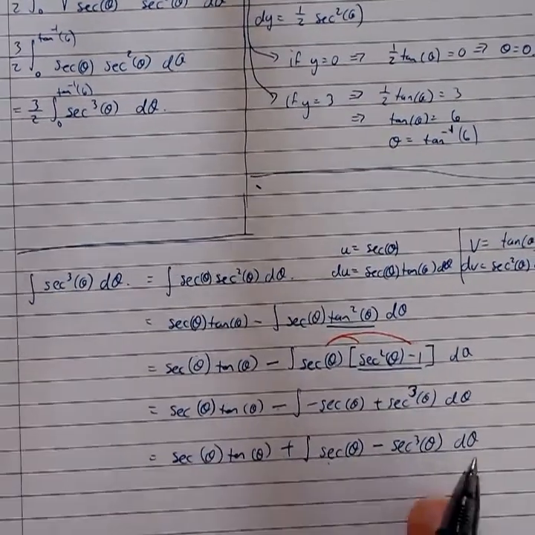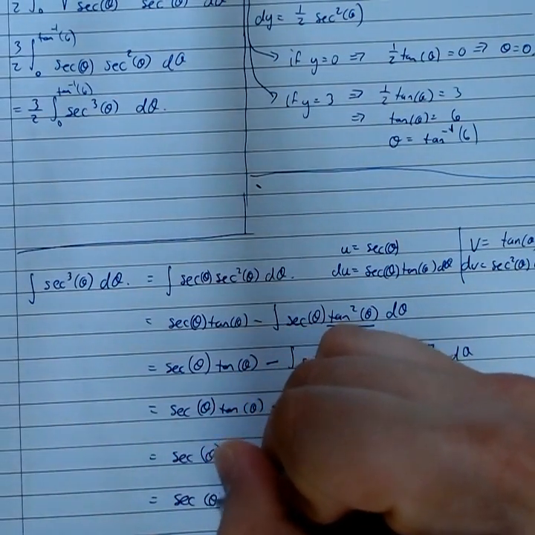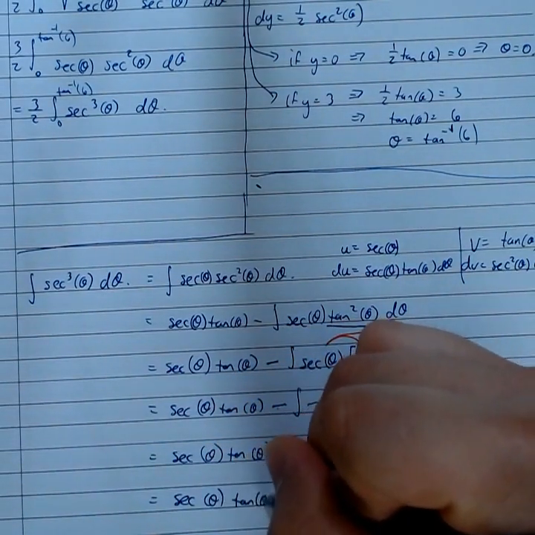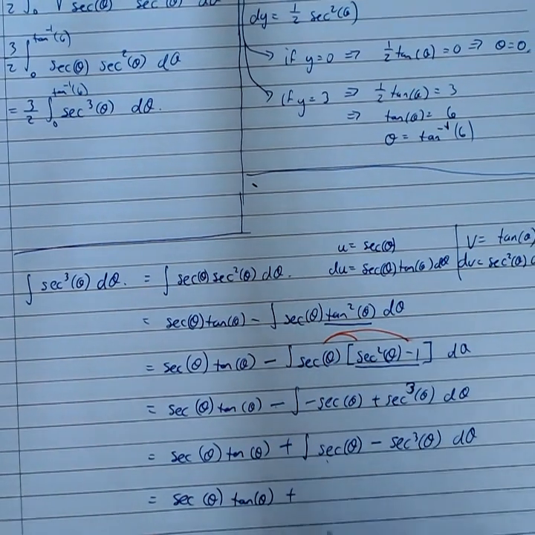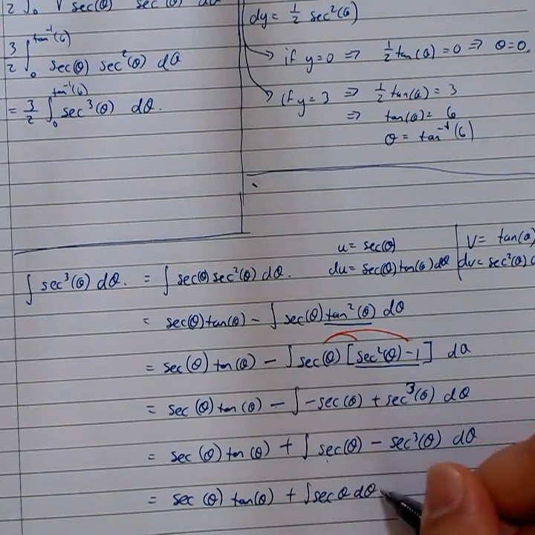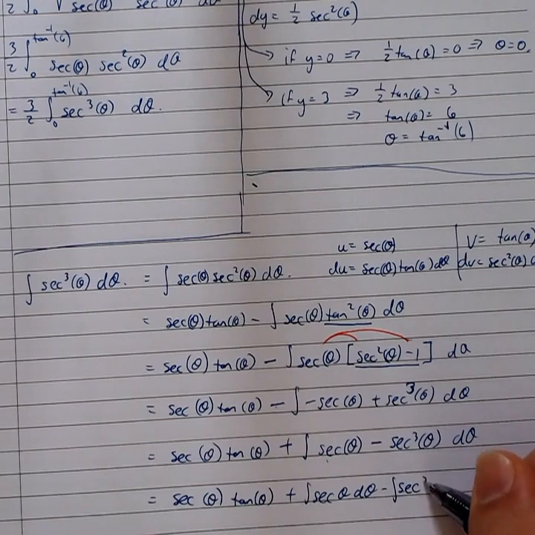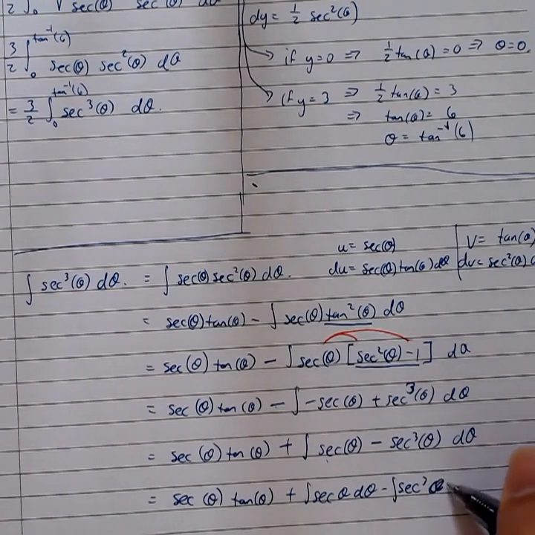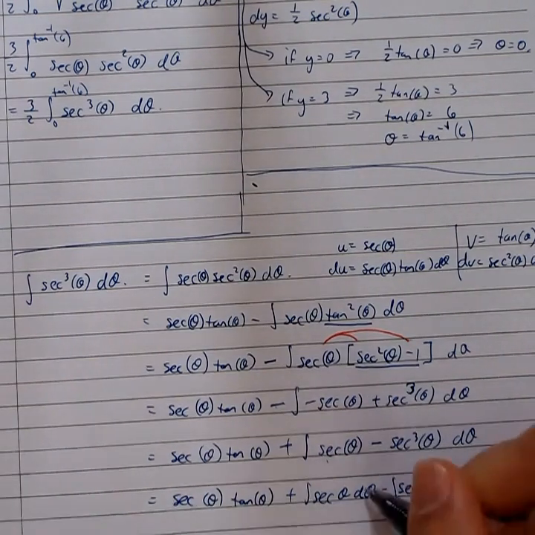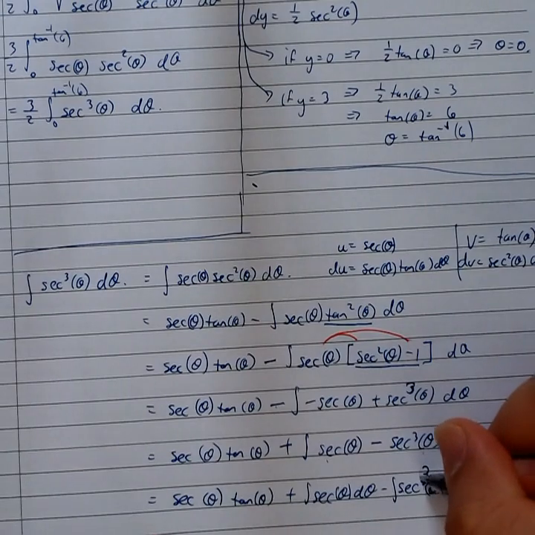And now I can split this because of the linearity property of my integral. So here I can write this as the integral of secant of theta d theta minus the integral of secant cubed of theta d theta. That's the integral of that one minus the integral of that one. And that's a 3 right there, cubed.